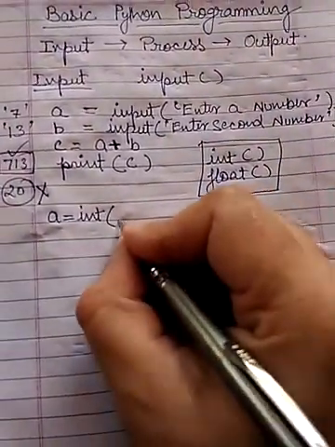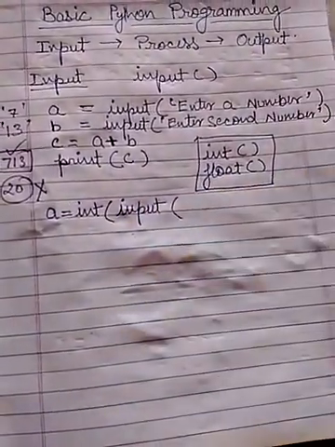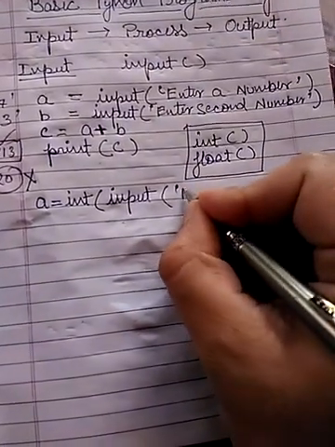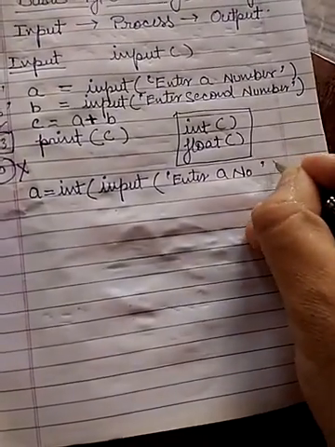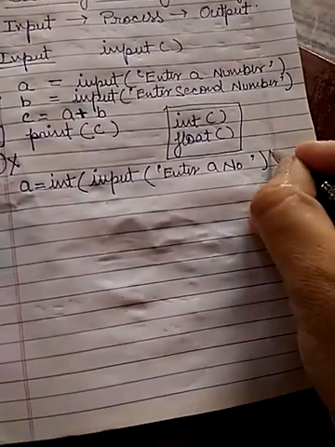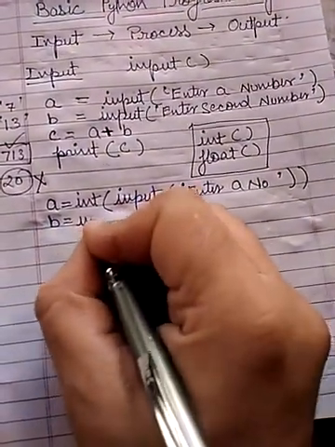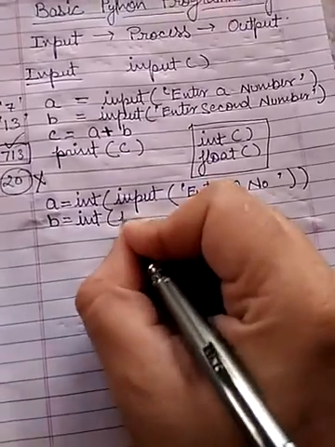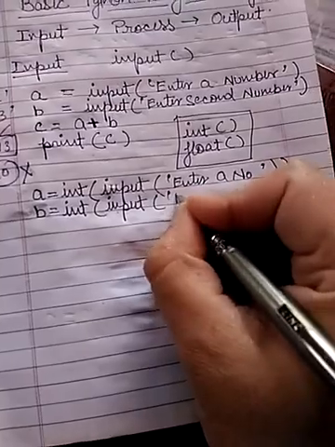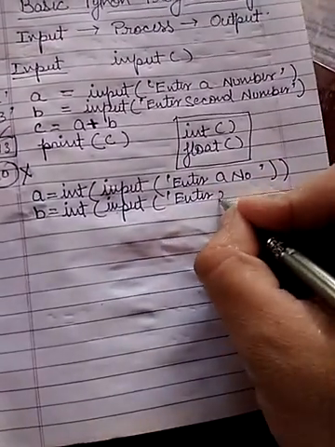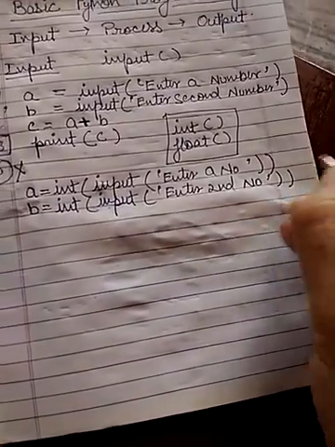So I have to do like this: a equal to int, I am using this built-in function, then function start. Now I am writing the command for input, then input start. After that the message which I want to display: enter a number, input close, int close. In the same way, b equal to int input enter second number, input close, int close.